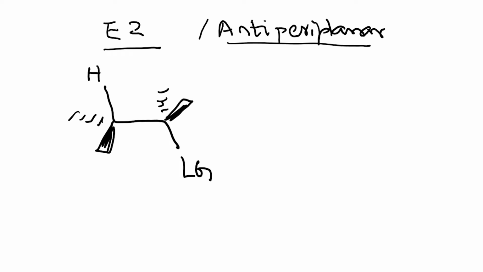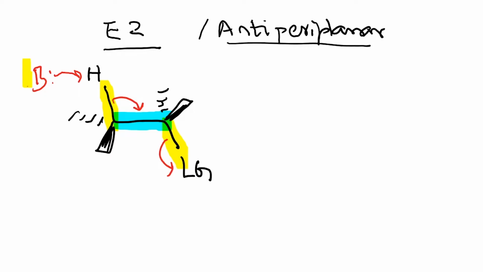This bond starts to break, and you have a new double bond being formed, and this bond starts to break. Just to be complete, the base is attacking here, and then you have the formation of the double bond and the leaving group leaving.